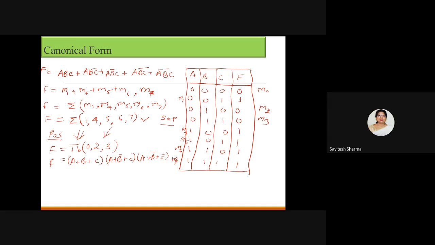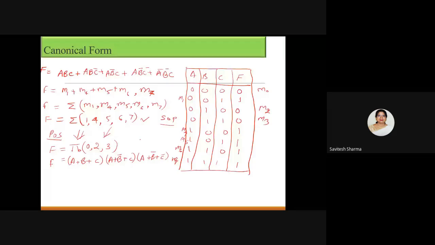So what you learn here is how to convert an expression that does not contain all variables into the min terms or max terms, or SOP form or POS form, and construct the truth table. First you learn how to construct a truth table from the logic circuit.